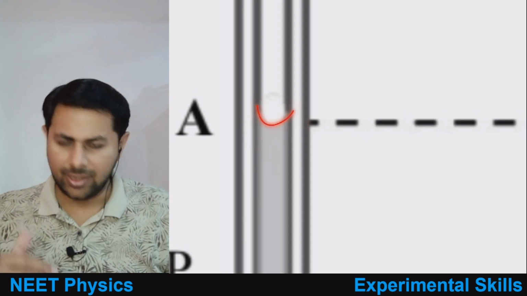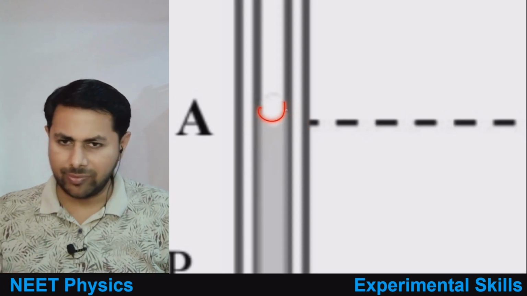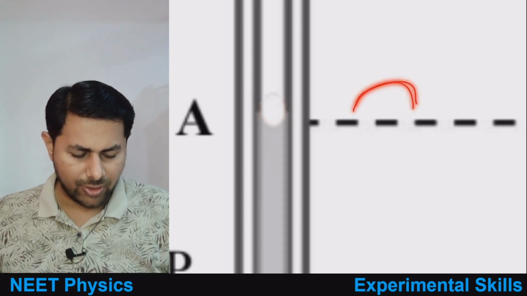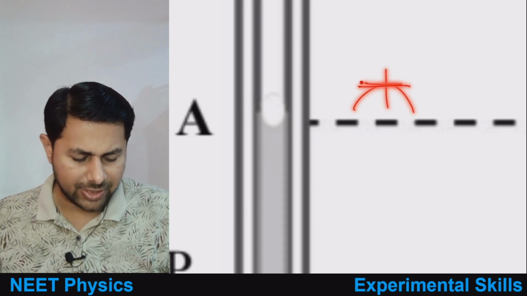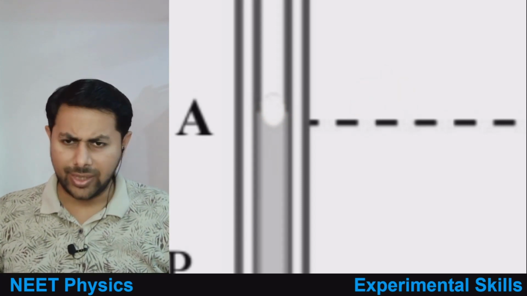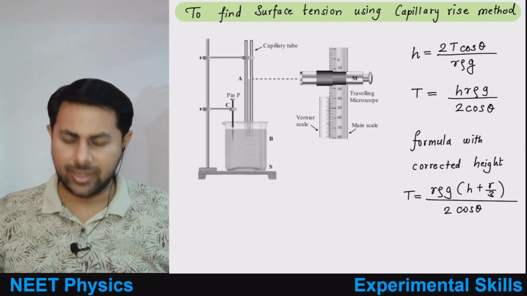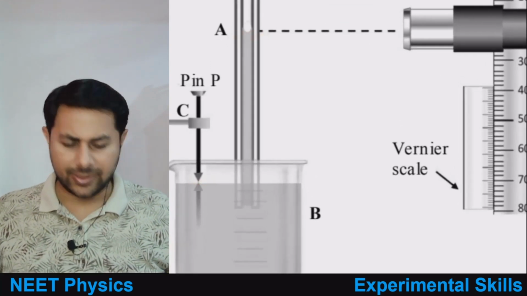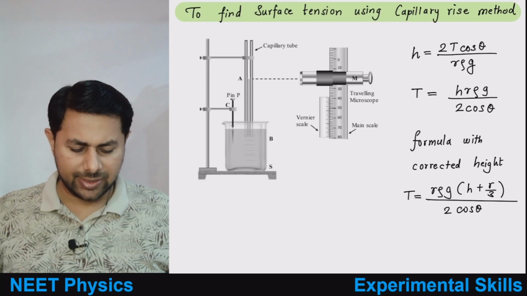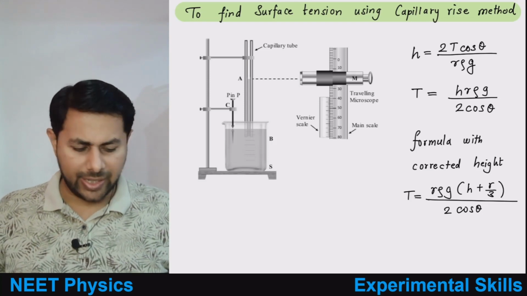Either the liquid will form a concave meniscus like this, or a convex meniscus. If it is a convex meniscus, then you will match it at the top, and you will take another reading. The difference between this reading and that reading will give you the height.